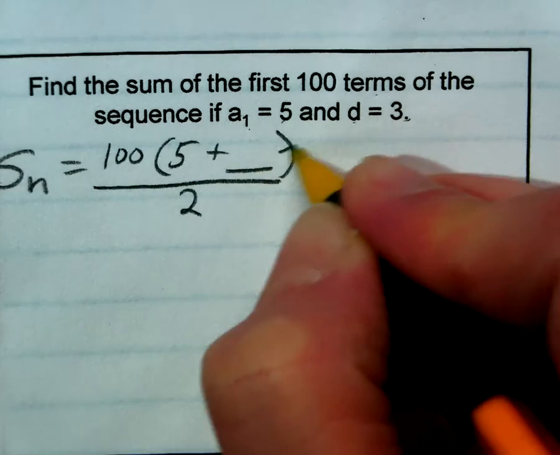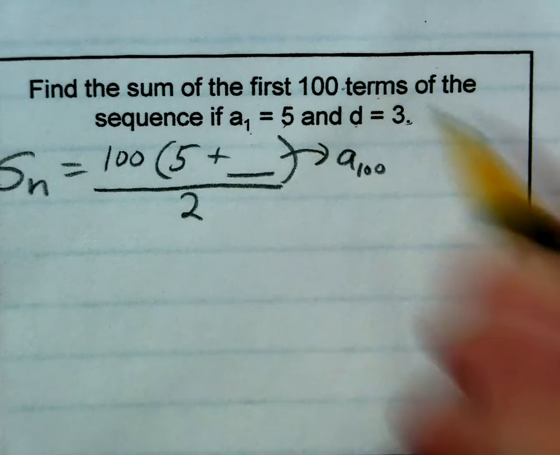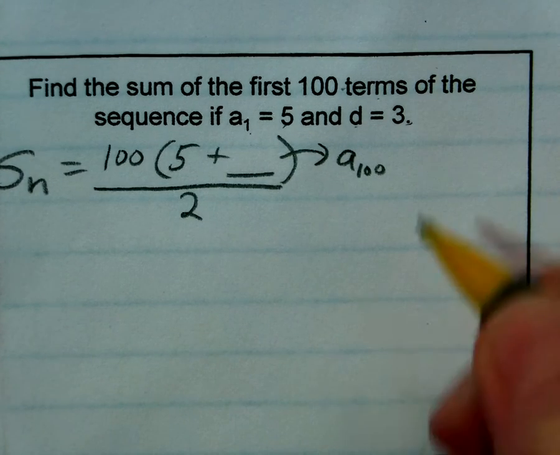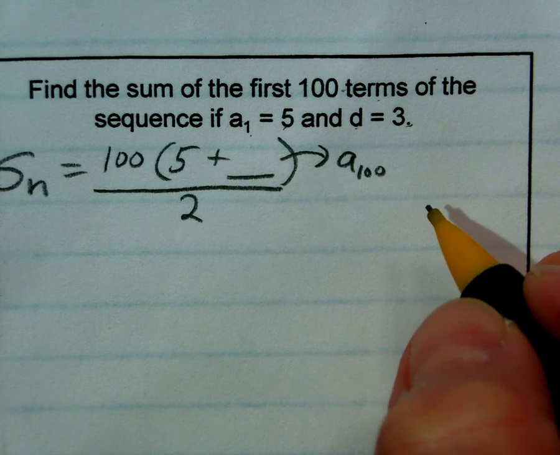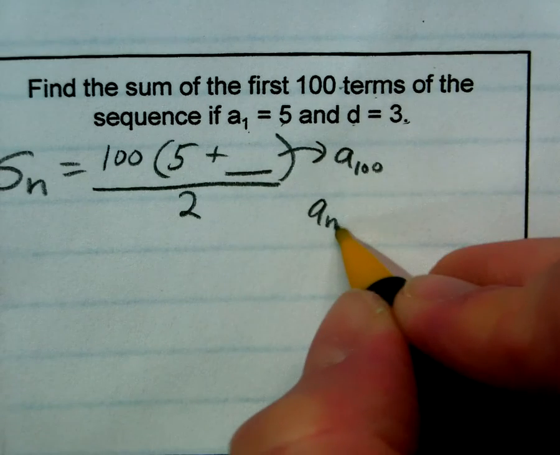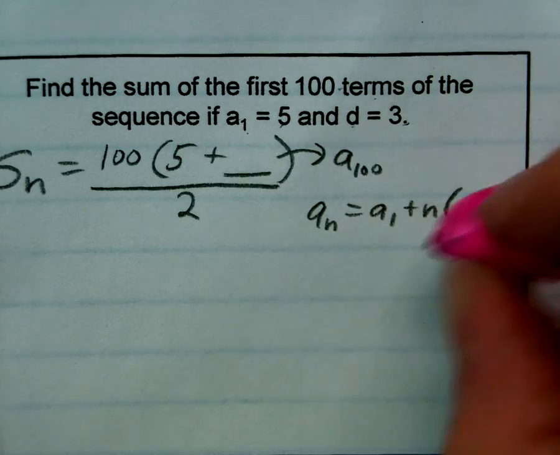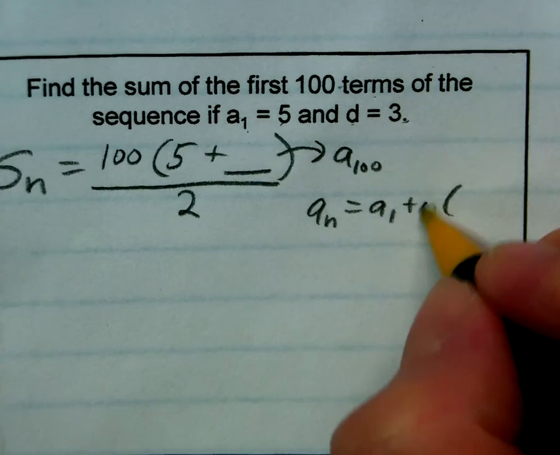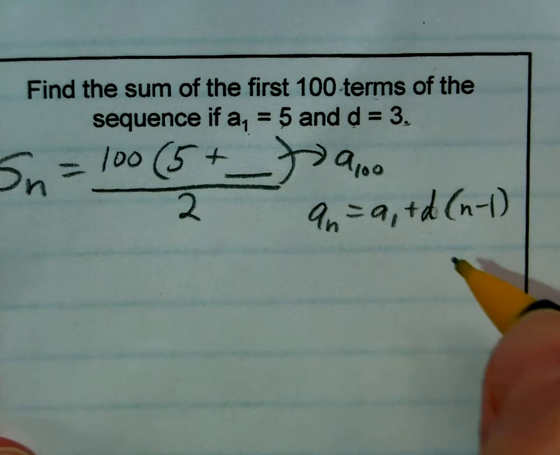So over here, we need to figure out what the 100th term is, which would be the last term in that sequence. And so we can do that using our formula for arithmetic sequences. And that formula was an equals a1 plus d times n minus 1. And so we're not going to get really fancy with this.